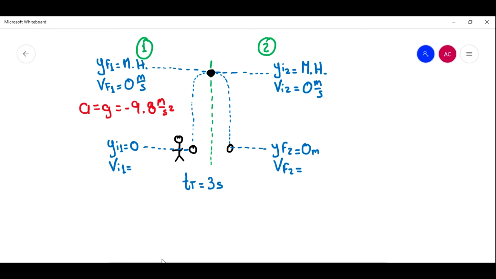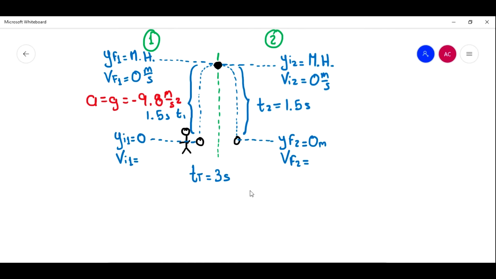Remember that they are going to be the same, so that means that time 1 is 1.5 seconds, because I need to divide the total time by 2. So time 1 is 1.5 and time 2 is 1.5 seconds. So that will be the drawing with all the data.